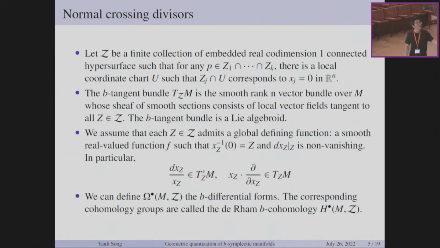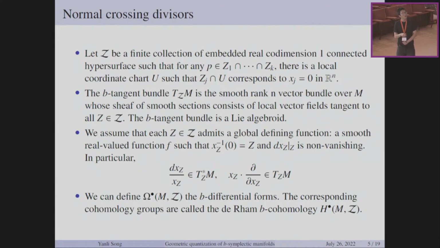Okay, so as I said, what I'm going to do today is to tell you how the theorem works for the b-symplectic setting. The b-symplectic manifold I'm going to consider today is the following. Let Z be a collection of embedded real codimension 1 connected hypersurfaces. I need to assume that the hypersurfaces may have intersections, but that the intersection is transverse.